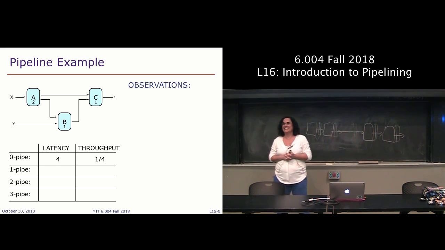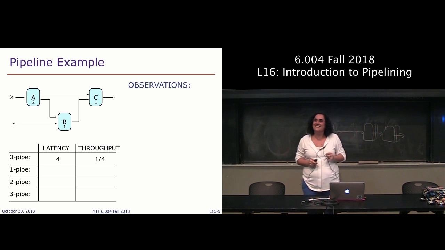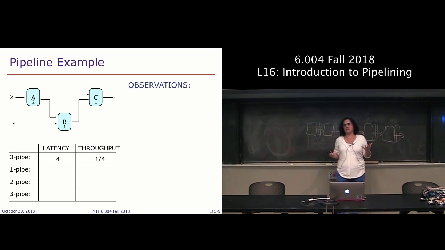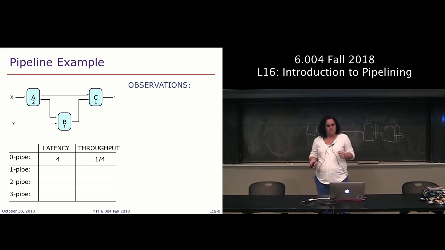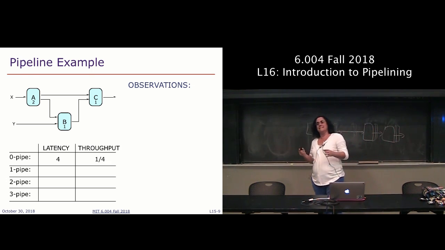Yeah? The clock is always the thing we want to reduce. Say that again? The clock is always the thing that we want to be as low as possible. Yeah, because our latency is always going to be T clock times the number of stages that we have. Well, actually, sorry, I will say that's not 100% true.